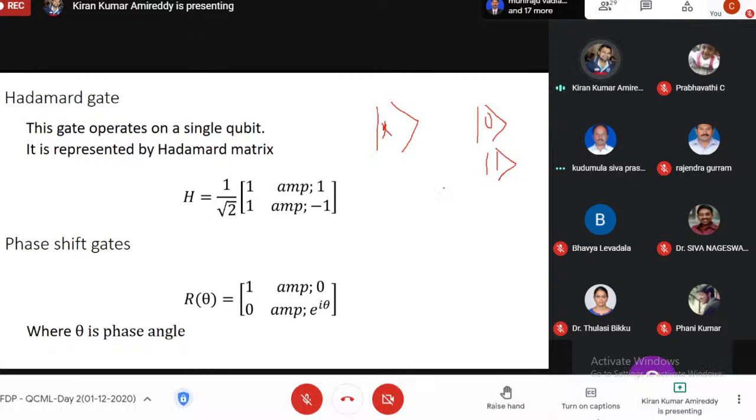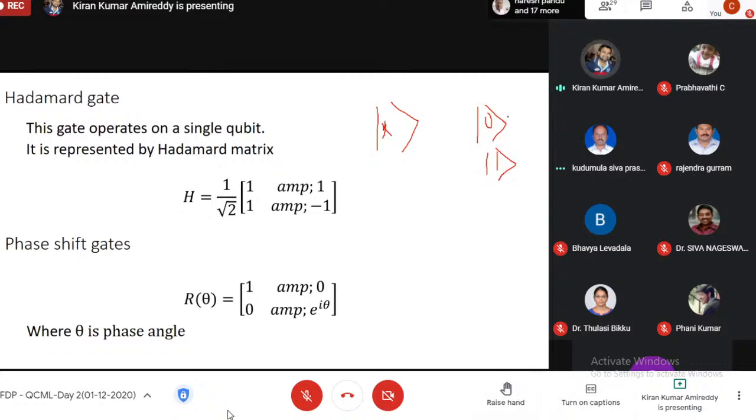It will operate on a single qubit. Simultaneously we can also apply this Hadamard gate, but we'll first see how it operates. So it is represented in the matrix.